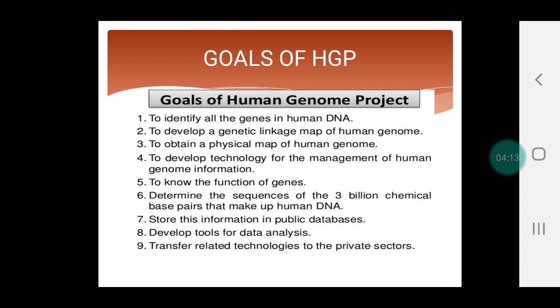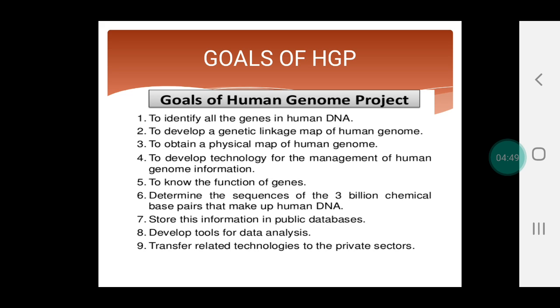There are certain goals of the HGP. First, to identify all the genes present in human DNA, then to know the function of each gene, then to develop a genetic linkage map of the human genome, which shows which gene is linked to which gene. Then to obtain a physical map of the human genome, then to develop technology for the management of human genome information.